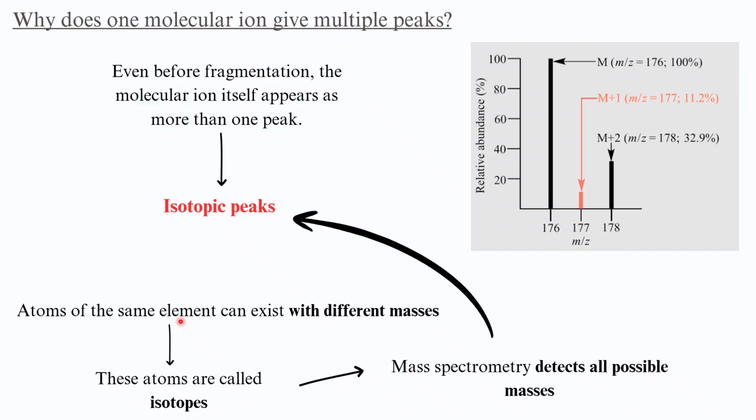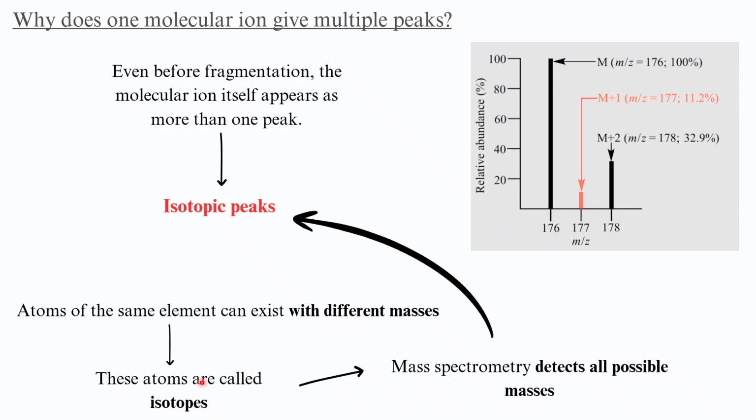We have different atoms. These atoms can have different masses. Why? What could be the reason? Because these species having different mass but the same atomic number are called what? Isotopes.